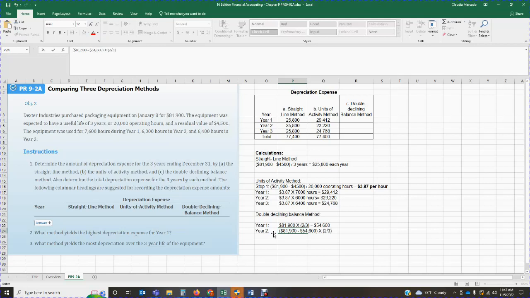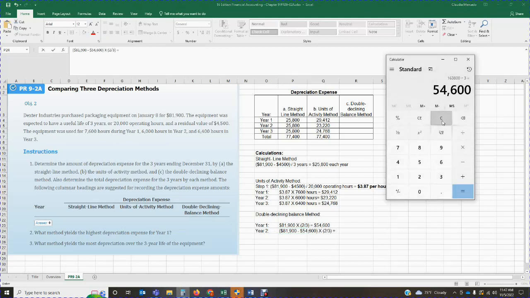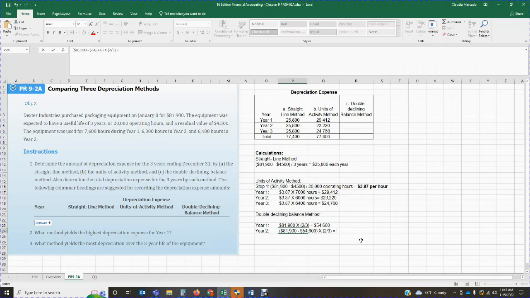That's going to be your depreciation rate. So 81,900, and then you subtract what you depreciated already the first year. That leaves you $27,300, which is what you're going to depreciate in year number 2. And you're going to depreciate it at 2 over 3. That's going to give you a depreciation of $18,200. Okay?